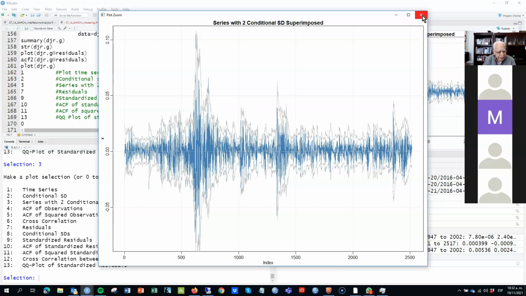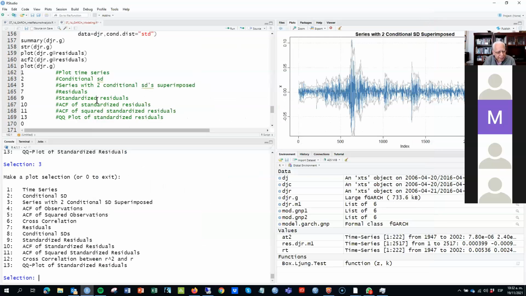The next one that is useful is to look at the residuals, which is option 7. We already saw those as a dot plot, as a scatter plot, and here it's joining the residuals with lines. Then the other plot that's useful is the standardized residuals.